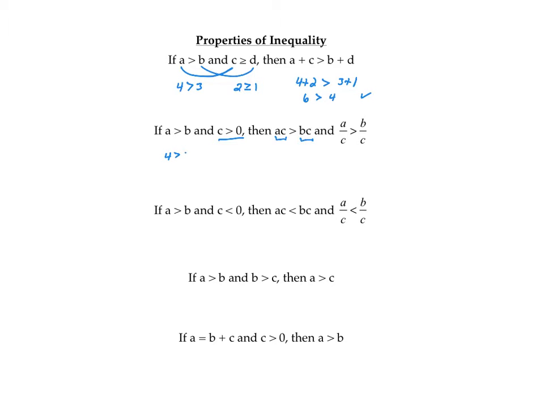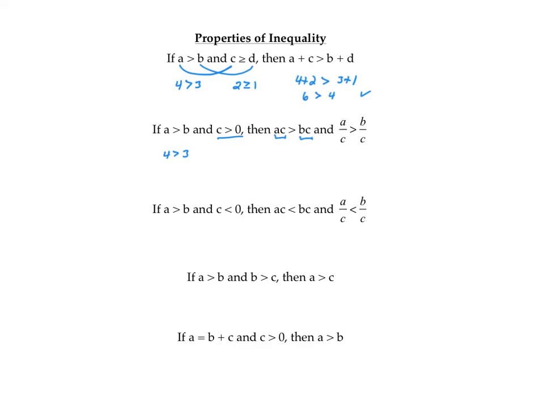If 4 is greater than 3 and 2 is greater than 0, then this property tells us that 4 times 2 has to be greater than 3 times 2. And that would be 8 is greater than 6, which is true. And also 4 divided by 2 would have to be greater than 3 divided by 2. And that would give us 2 is greater than 1.5. And that's true as well.